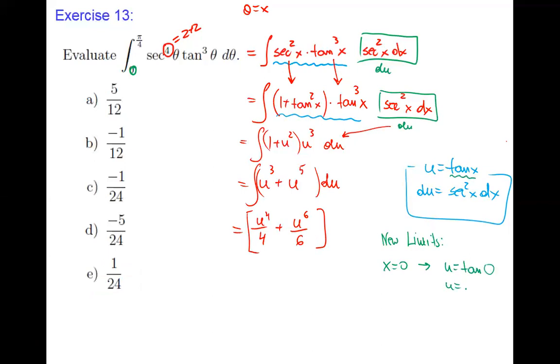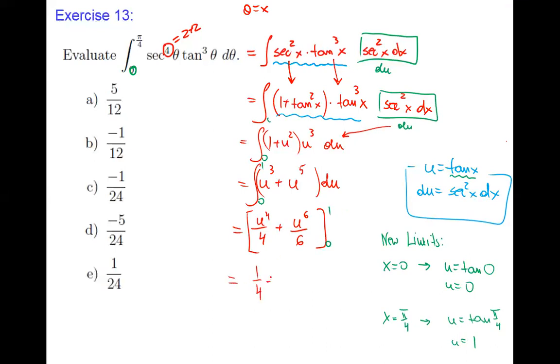And tangent at 0, of course, is 0. Oh, actually, that was also 0. Okay. Now, if x is pi over 4, the new limit will be tangent at pi over 4. And tangent at 45 degrees is 1, so from 0 to 1. These are the new limits of integration.